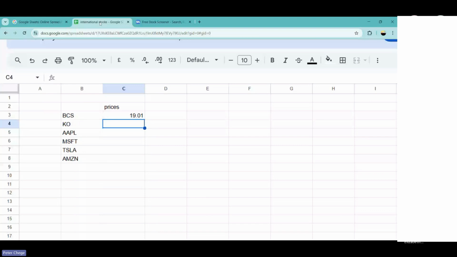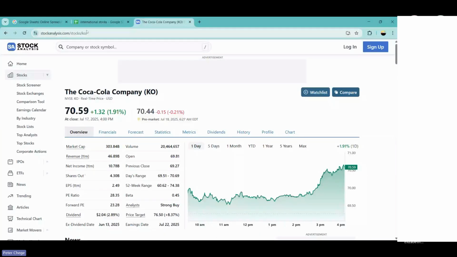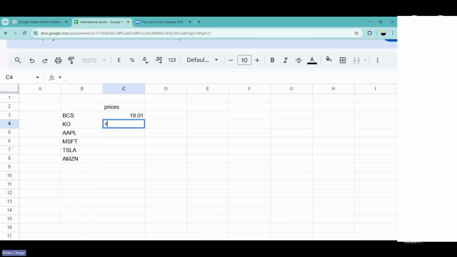Let's first pick the price for Coca-Cola. It's 70.59. So again, equals GOOGLEFINANCE, open, then double quotes, the code KO, close the quote, close the bracket. 70.59.